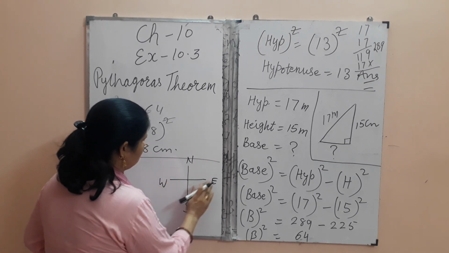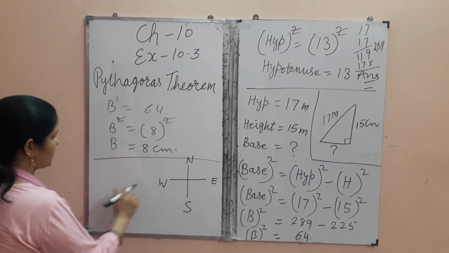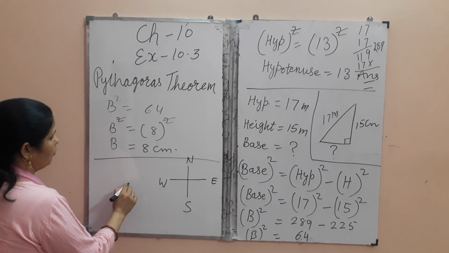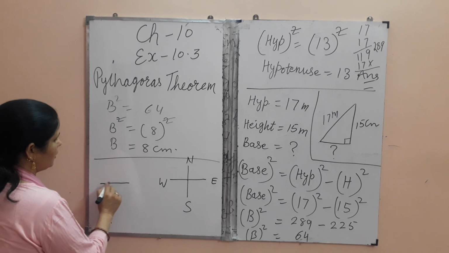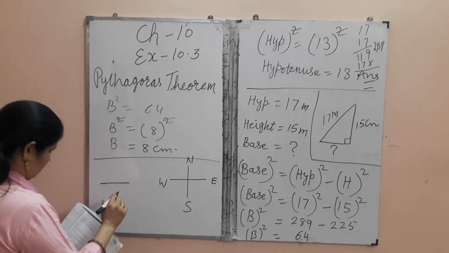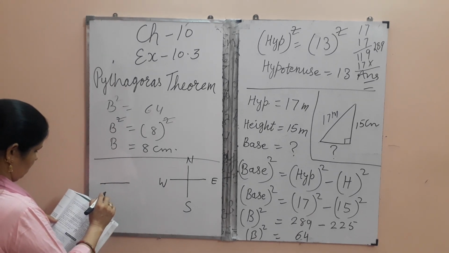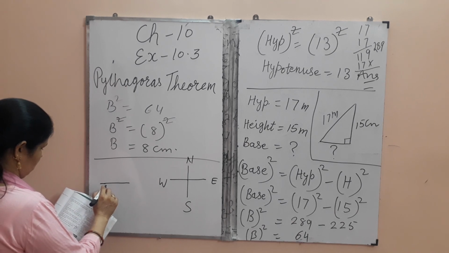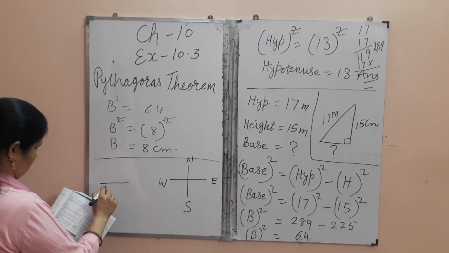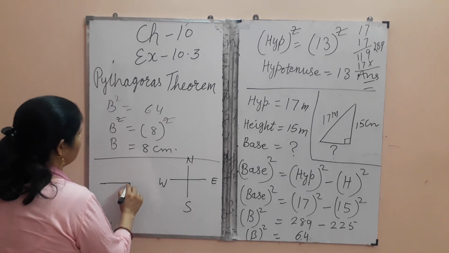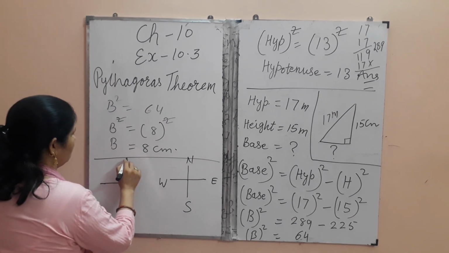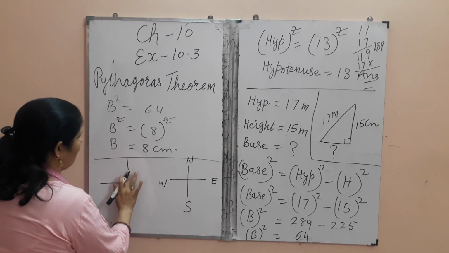West is this side, so from here he moved west and then he moved towards north. How far is this?